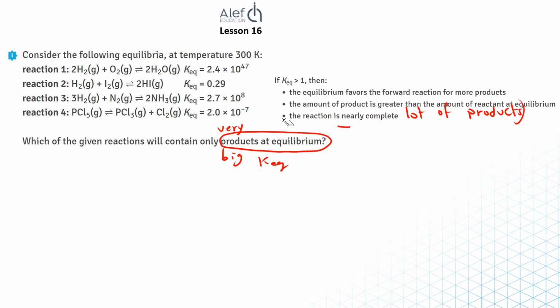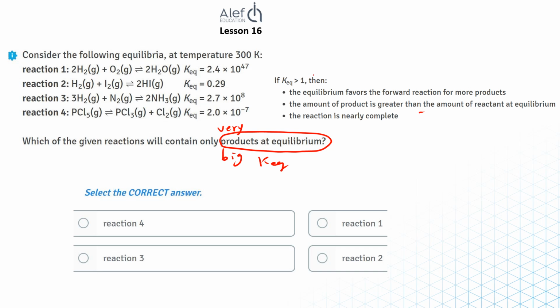I'll just remove this for you so that you can read it. Okay, so the equilibrium favors the forward reaction to have more products, especially if the K equilibrium is more than 1. So is it reaction 4, 3, 2, or 1? It is very obvious that it will be reaction 1 because the K equilibrium is very big. The larger the K equilibrium, the more products I have.